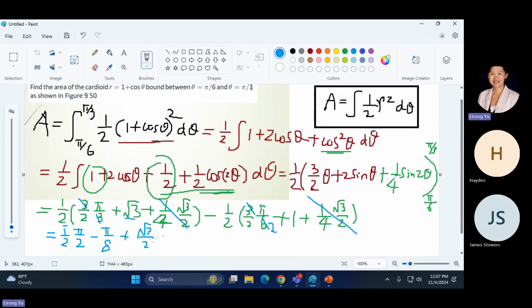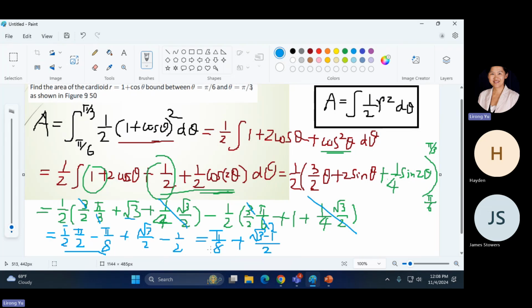And then minus 1 times 1/2. That's all, four terms. Maybe we can combine the pi, right? Pi over 4 minus pi over 8 is pi over 8. So that's pi over 8 plus root 3 over 2 minus 1/2.